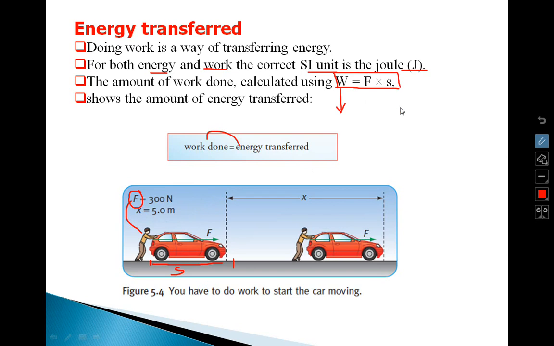Keep this in mind. Today in this class we will see a lot of formulas for different things, for power, for energy, for lots of things. So try to keep all of those in mind, please. So the conclusion here is what? Energy transferred is equal to work done. It's the same as the work done.